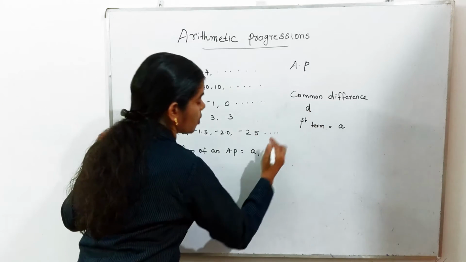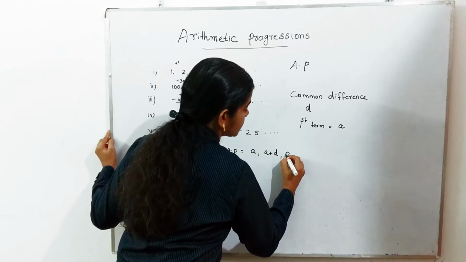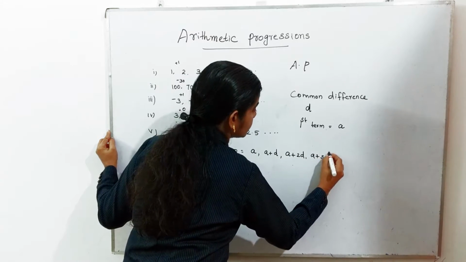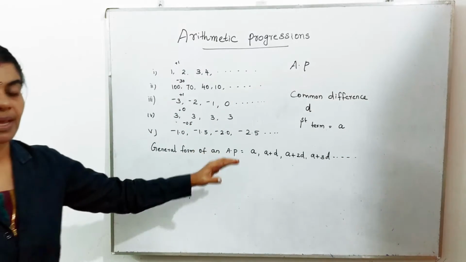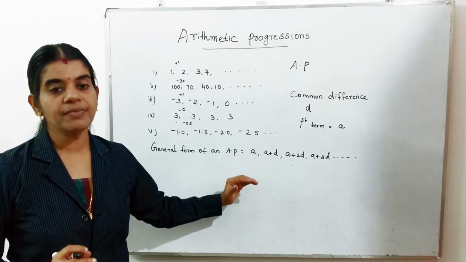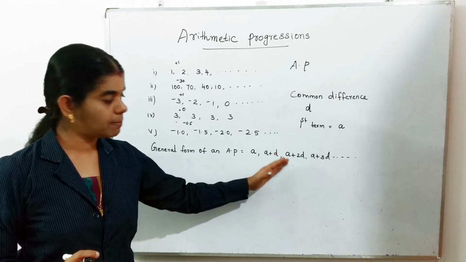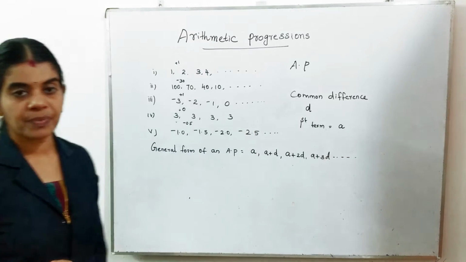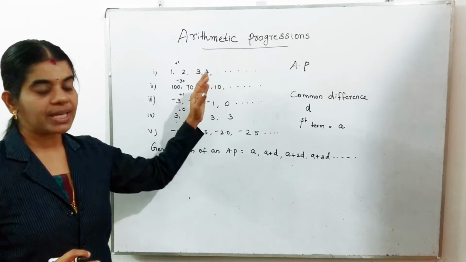A plus this common difference, A plus D. Then next term will be A plus 2D, A plus 3D, etc. This will be the general form of an AP. A will be the first term, D will be the common difference. Therefore, the general form of an AP will be A, A plus D, A plus 2D, A plus 3D, etc. going on.